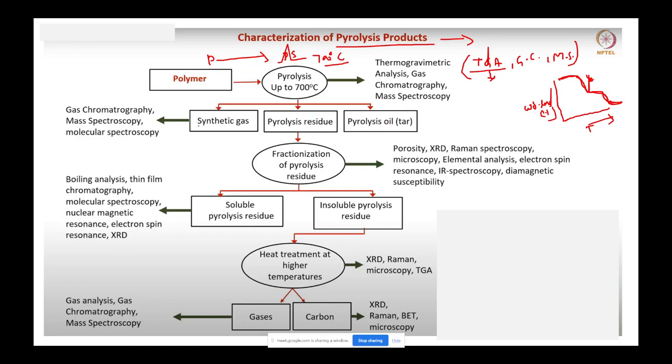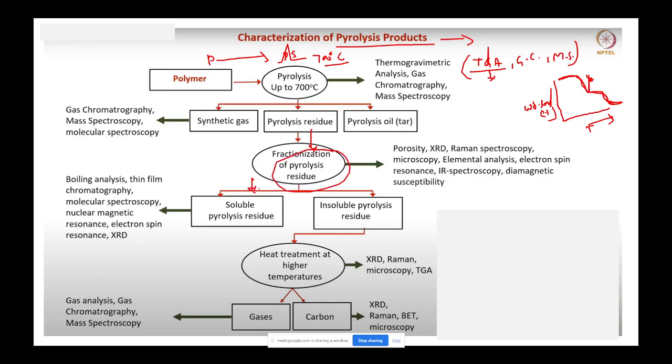Here you can again do GC, mass spectroscopy, molecular spectroscopy. I think here you will find which elements are present in the mass and molecular spectroscopy. What are the elements present in your product? Then you will go for functionalization of the residue after the pyrolysis.